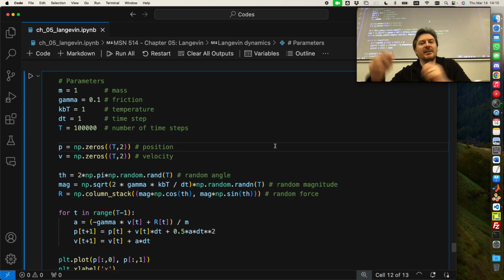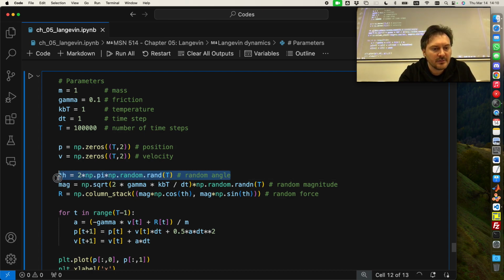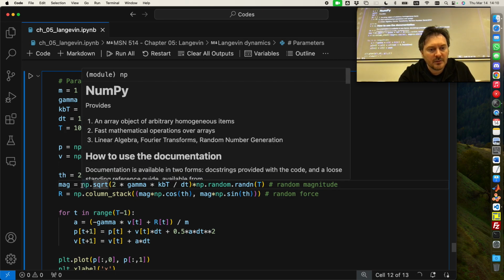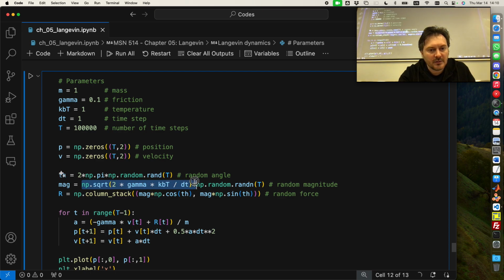There will be kicks on the particle, coming from a random angle between 0 and 2 pi, and their magnitude will be the square root of 2 gamma kBT over delta t times a Gaussian random number.